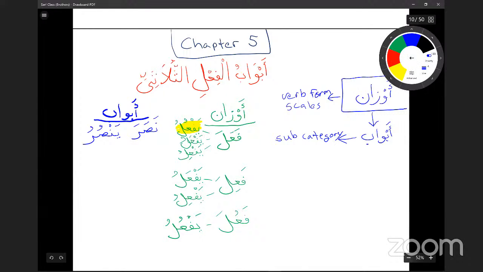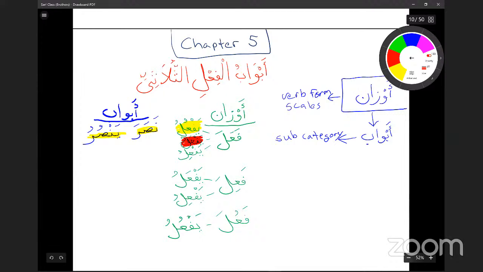That is from the وزن فعل يفعل. It belongs to نصر ينصر. Then we have فعل يفعل.